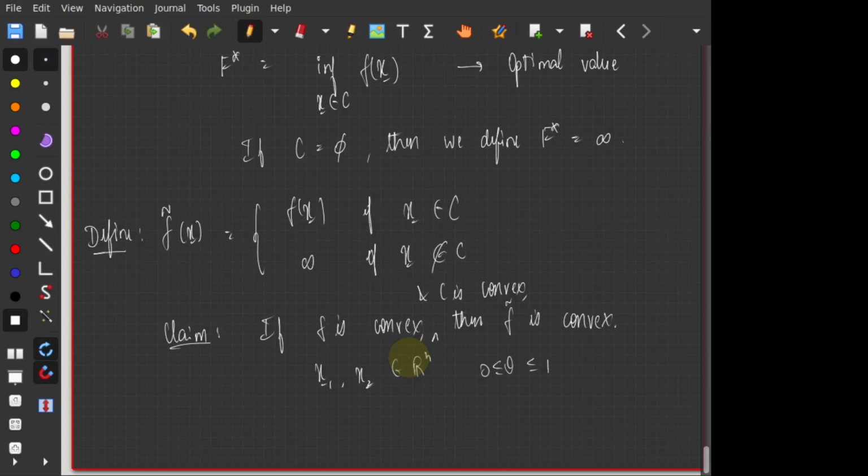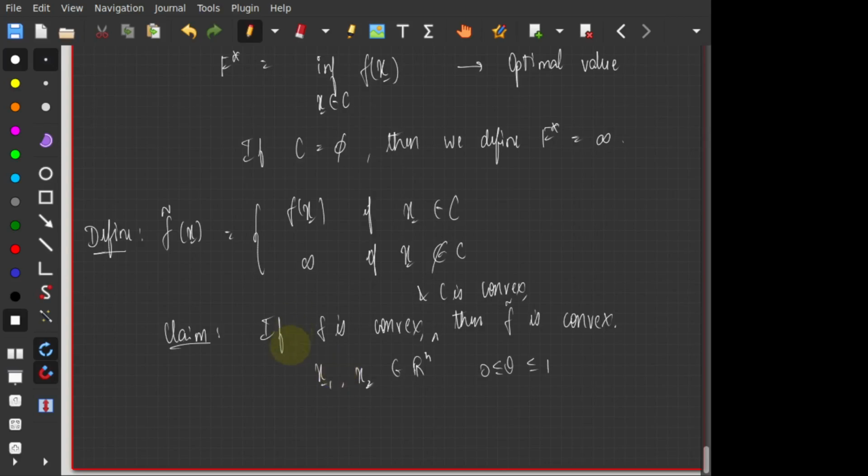So that's not a problem if both x1 and x2 are within the constraint set. And moreover, we've assumed that C is convex. So any point in between x1 and x2 is also going to lie within the convex set, and it's going to be finite. Now, the only issue that may arise is if either x1 or x2 is not in C.